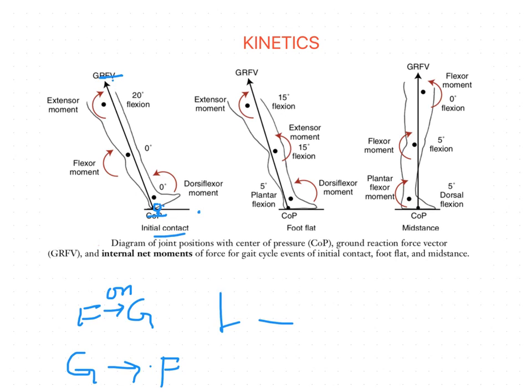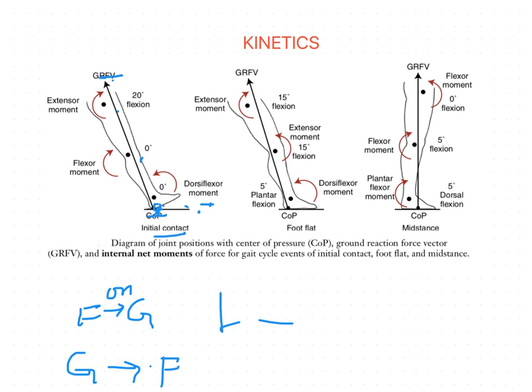So here is the initial contact. If you see the ground reaction force vector at the ankle joint, the GRF is present posterior to the ankle joint. That means which is causing what kind of moment here? Dorsiflexor moment. And here at the knee joint it is present anteriorly, and at the hip joint also it is anterior.